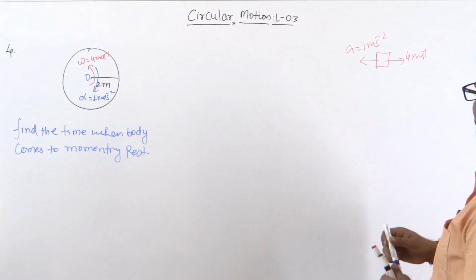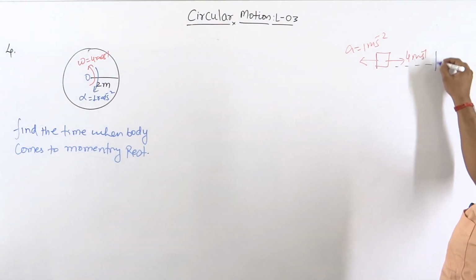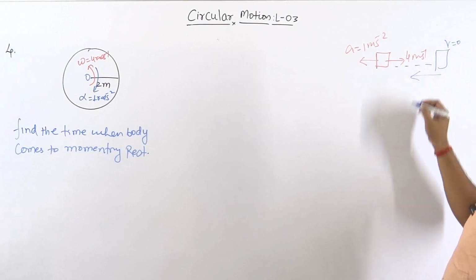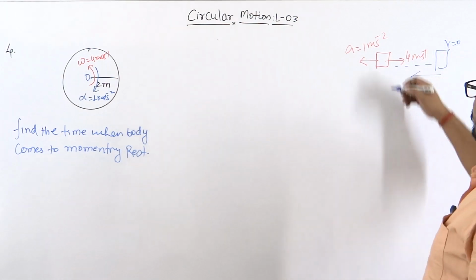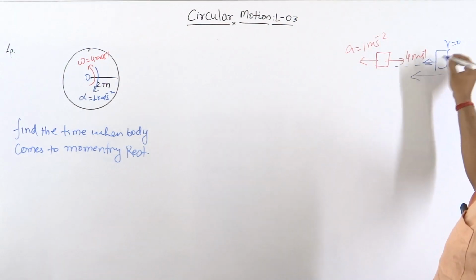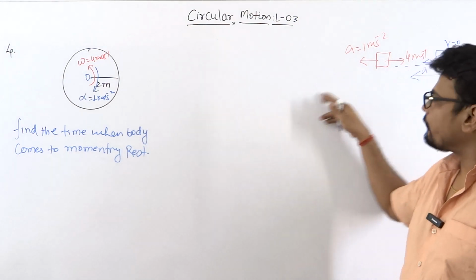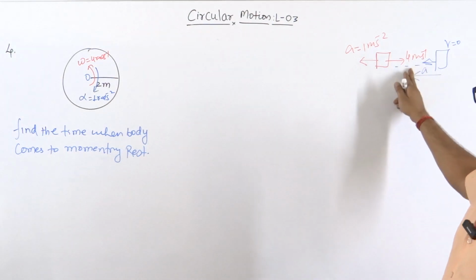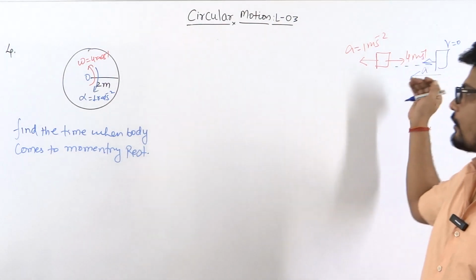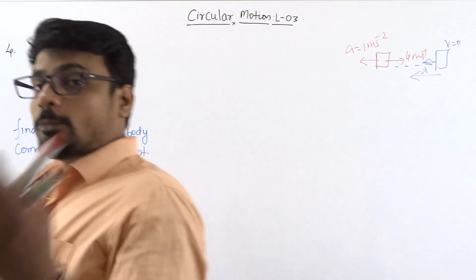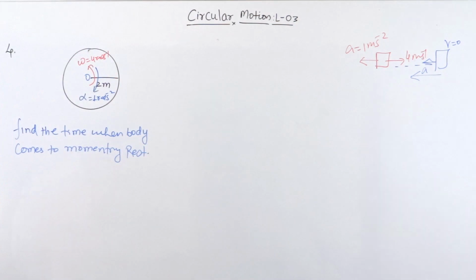It is going to go ahead for a certain amount of time, a certain distance, और यहाँ पे velocity going to be 0 और वापस से it will start moving in this direction. What is the reason? The reason is this constant acceleration acting in this direction. तो वापस से body इस तरफ move करेगा and when it crosses this mean position, it will cross it with 4 meter per second और पीछे चला जाएगा. बात समझ में आ रही है? तो it will keep on moving after that क्योंकि acceleration हमेशा नेगेटिव में है.